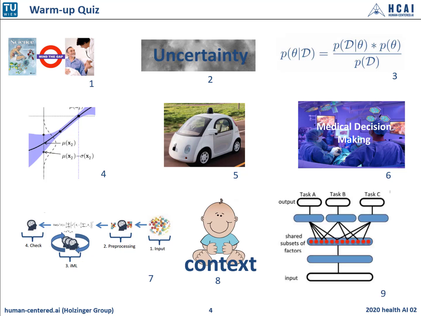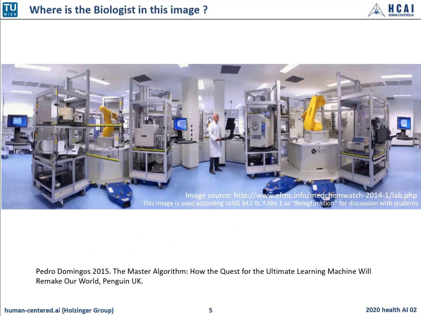And finally, number 9, extra question for you. Which important guiding principle of machine learning can be seen here in this picture? And there is a next question, where is the biologist in this image?